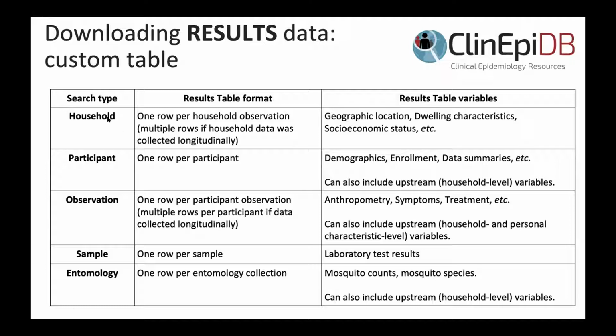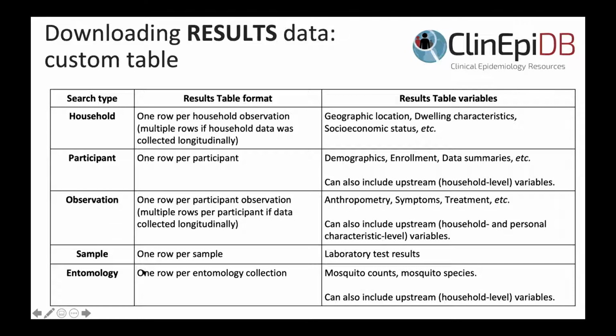And so again, households are going to be one row per household observation. And these are just things to be aware of when you're downloading your data, because it's just slightly structured differently than sometimes how you might think your file should be.